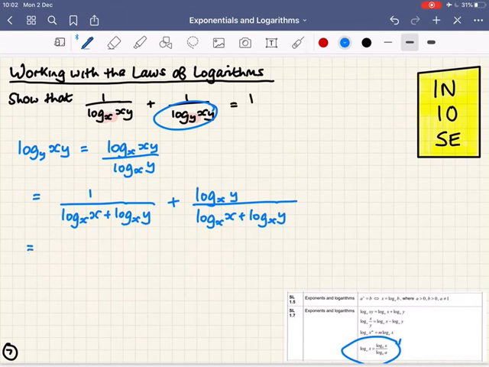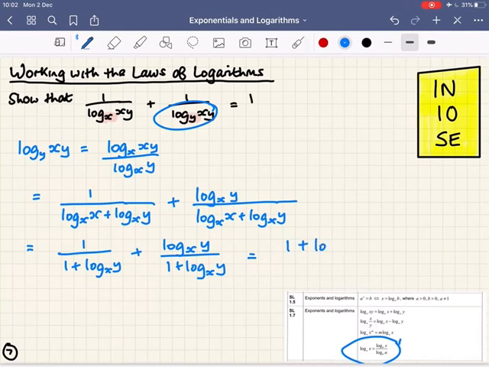So if I do that, I've got 1 over 1 plus log to base x of y, plus log to base x of y over 1 plus log to base x of y. Wonderful. And if I bring those together, I end up with 1 plus log to base x of y all over 1 plus log to base x of y, which indeed equals 1.